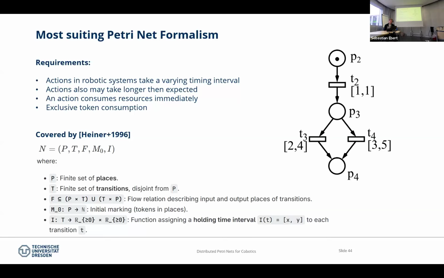So the firing of a transition takes 2 to 4 time units. So that's the possibilities in between. And that's what is different from the other modeling techniques that we just saw. The time itself here is not like a real clock as I imagine it, but more like a logical procedural clock, which helps us to keep the state space small, which is a common problem.